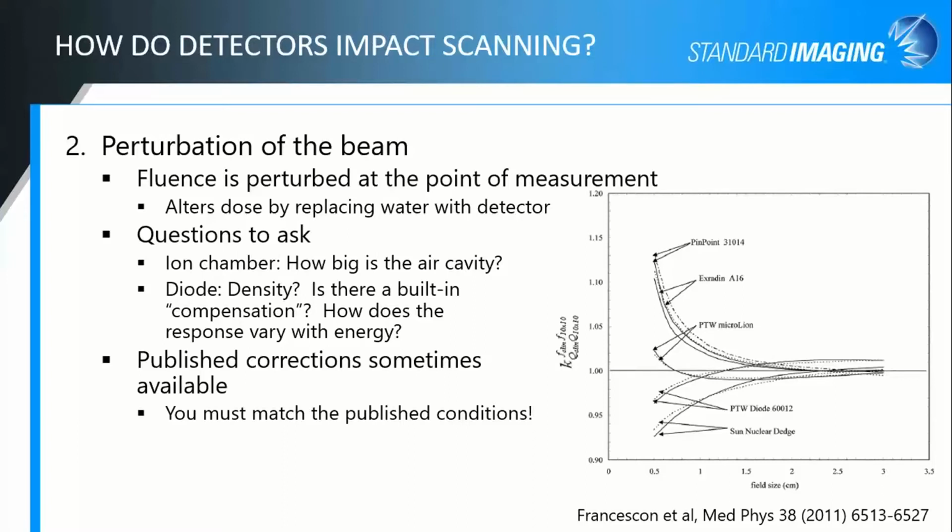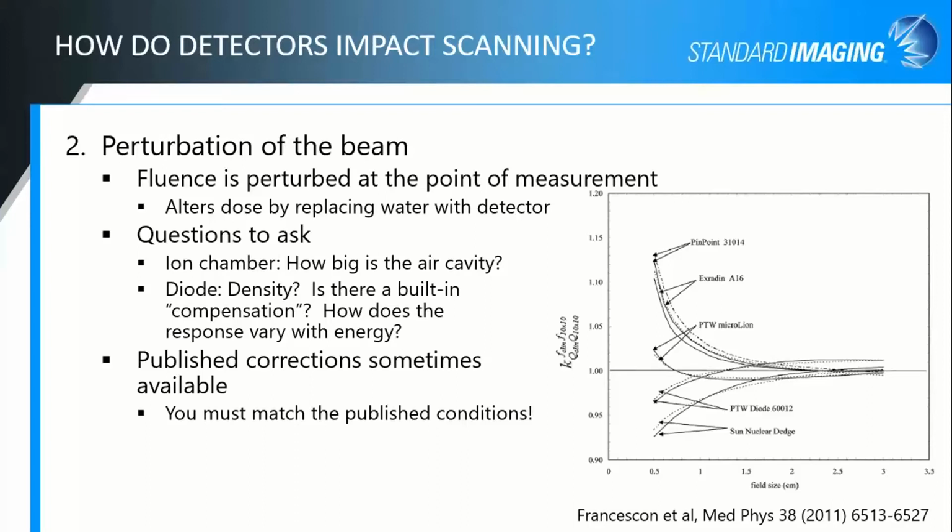So things to think about with the detectors that you're choosing. With your ion chamber, how big is your air cavity, especially when compared to the size of the field that you're measuring? With a diode, what is that density? How big a region is that higher density covering? Some diodes have built-in compensation.